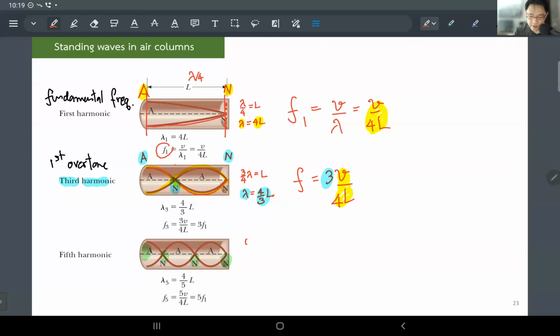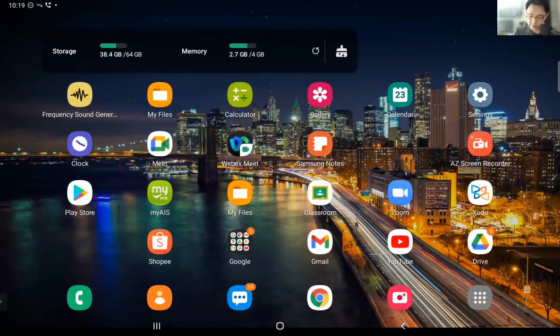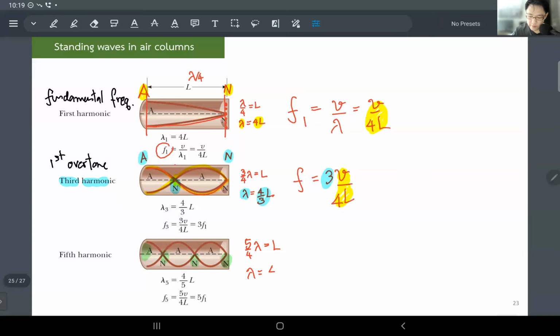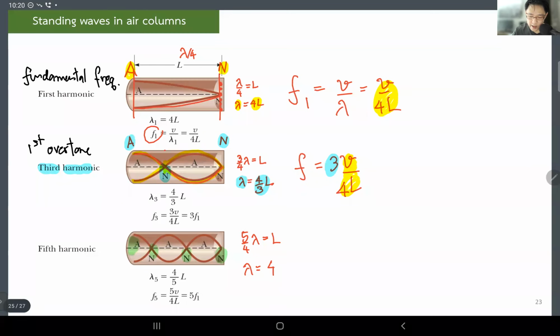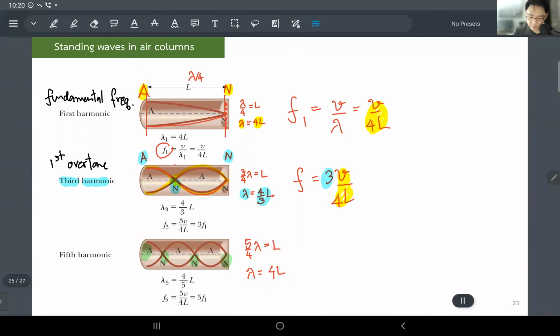It's going to be 5 over 4 lambda equals L. So the lambda is going to be 4L over 5. And then your frequency that fits this condition is going to be 5V over 4L.